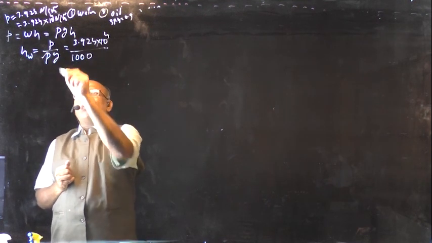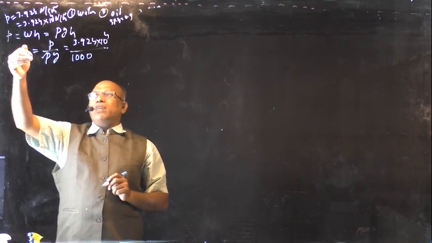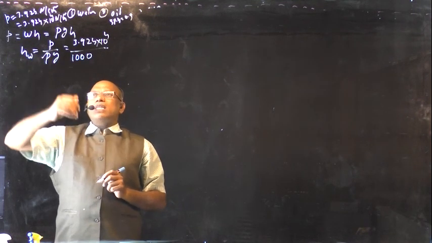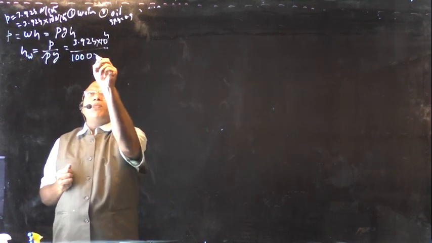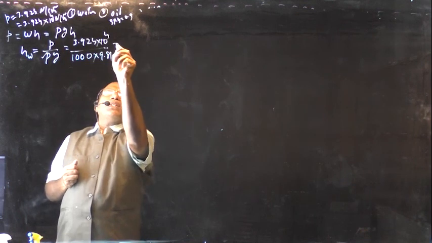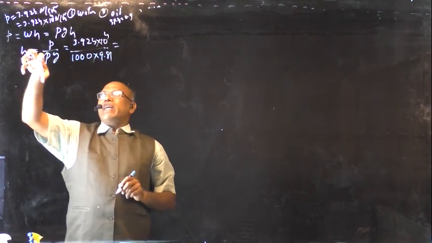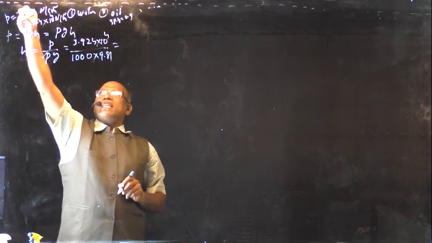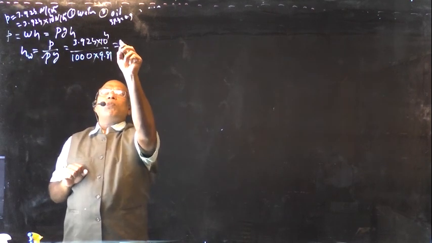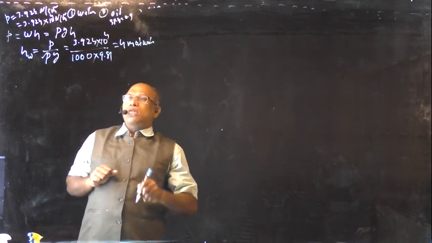Here rho is nothing but the density of water, since we have taken the liquid as water. Therefore, the density of water is 1000 kg per meter cube into G equal to 9.81. Therefore, the head of water required because of this pressure is equal to 4 meters of water.